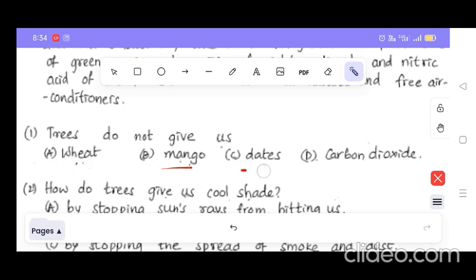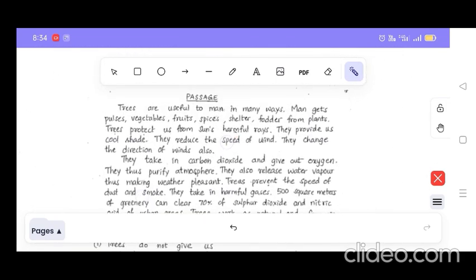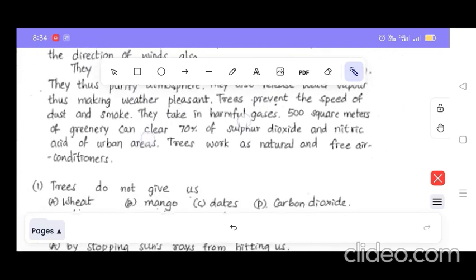Mango and dates are also not mentioned in the passage. Carbon dioxide is mentioned in the passage. But see, in the first para, you can notice man gets pulses, vegetables, fruits, spices. In that line, you can get the answer.